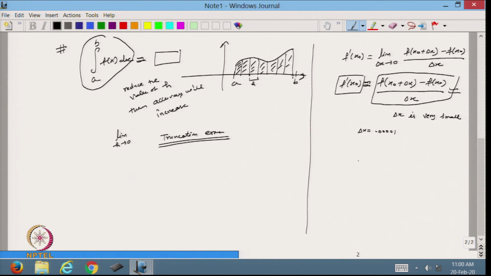In this case also I am truncating, and in another form we call it discretization error or truncation error, because we are truncating the infinite number of values of delta x to a finite number of delta x. In the derivative form we also call it discretization error, because here we have the continuous form, but we are changing it into the discretization form. So, that is another form of truncation error.